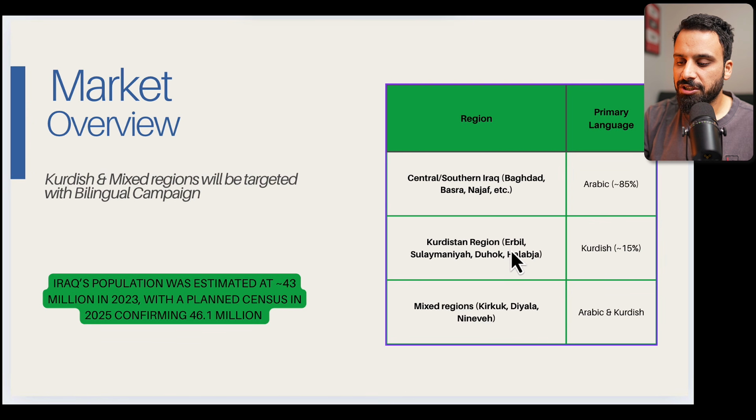Then Kurdistan regions, Erbil, Sulaimania, Duhok, Halabja, will focus 15% on Kurdish content and target these regions. There are certain mixed regions here which have both Arabic and Kurdish, so we will target both the content to these regions. So now we are sorted. English we are dropping because it's just 1% and most of them speak either Arabic or Kurdish.